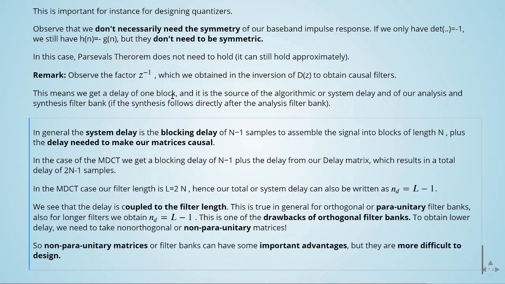This is one of the drawbacks of orthogonal filter banks. To obtain lower delay, we need to take non-orthogonal or non-para-unitary matrices. So non-para-unitary filter banks can have some important advantages, but they are more difficult to design.